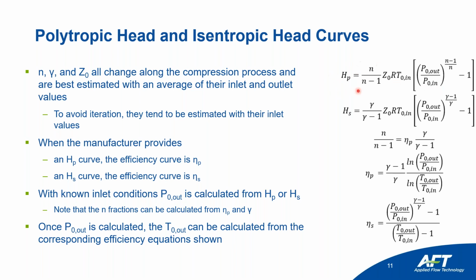So if I have my stagnation enthalpy, if I have my polytropic head equation, then with all of my inlet values or inlet conditions, I can back out my stagnation outlet pressure.